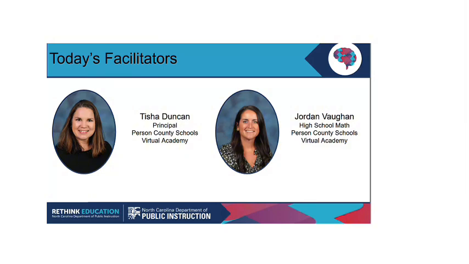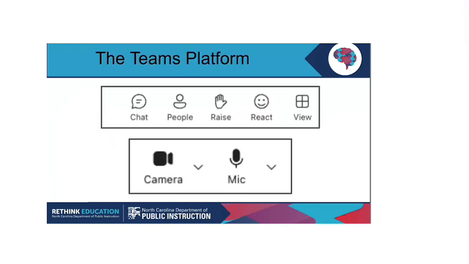But I do want to show you really quickly, if you're unfamiliar with Teams, there are some icons that you should be able to see at the top of your screen. You should see a chat bubble. Sometimes people are unable to use the chat, so if you can't, you're welcome to unmute and speak. You should also see a raise hand feature.